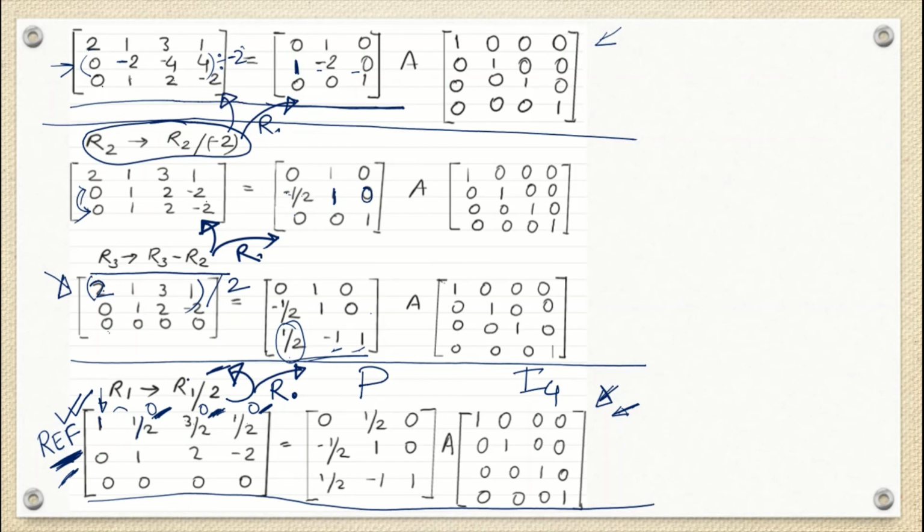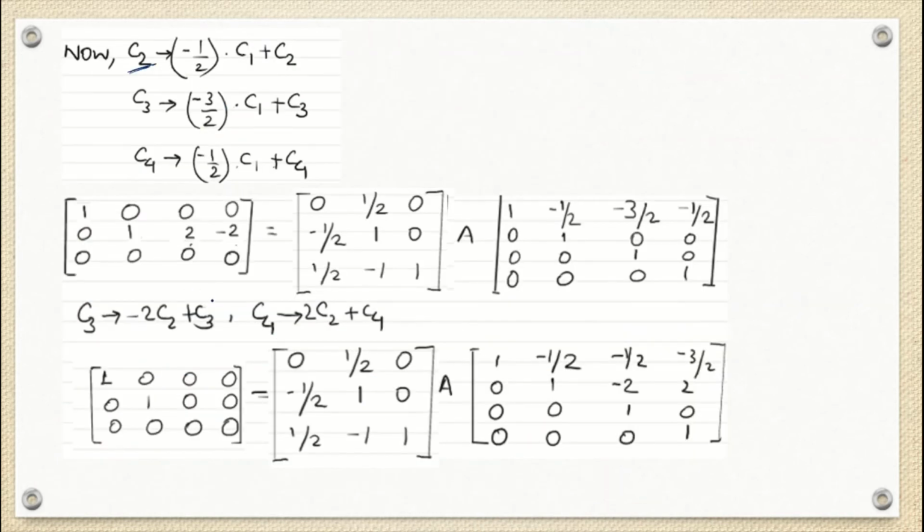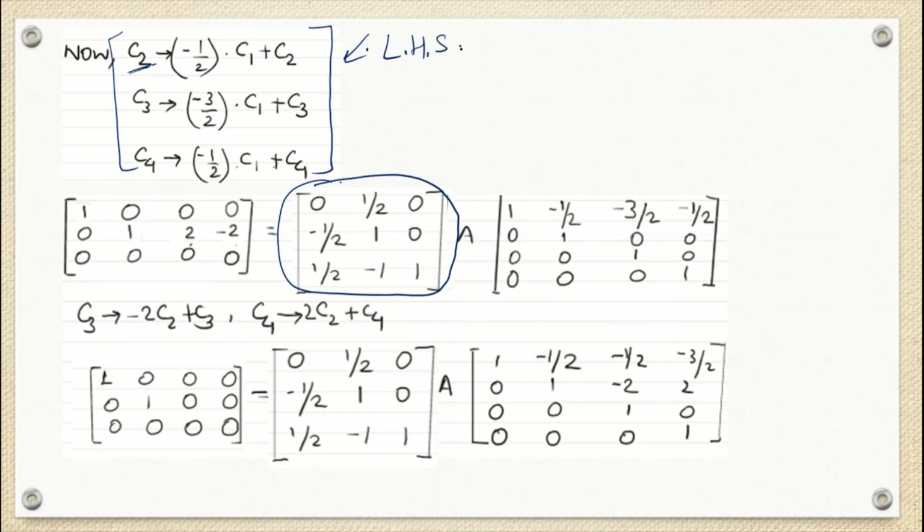Whatever operation I am performing on the column, I have to perform on each and every element of the column, because here I am viewing the matrix column-wise. This complete P is as it is; I'm not going to touch P. Whatever column transformation I am performing on the left hand side of the matrix, the same column transformation I have to perform on the post factor on the right hand side also.